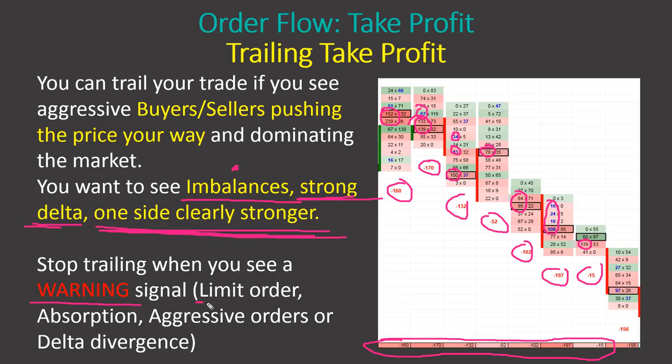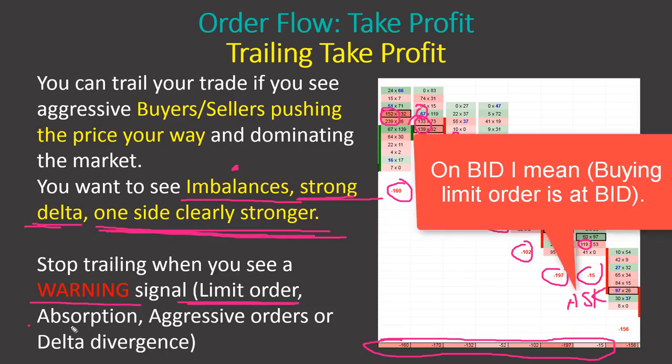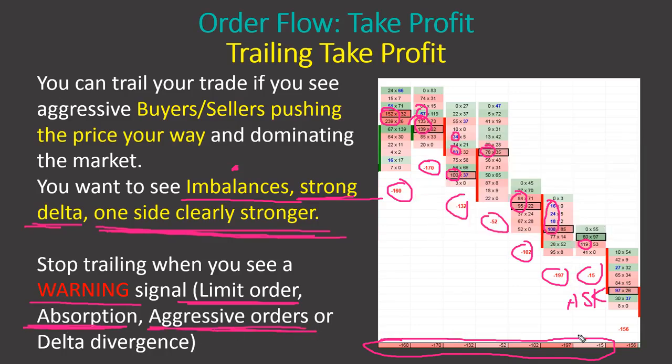So you would see, for example, a buying limit order, which would be on ask, or absorption, or aggressive orders, in this case on ask. So aggressive buyers would be on ask, the right side of the footprint.